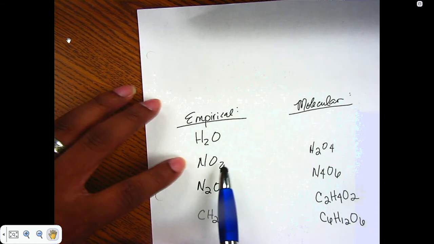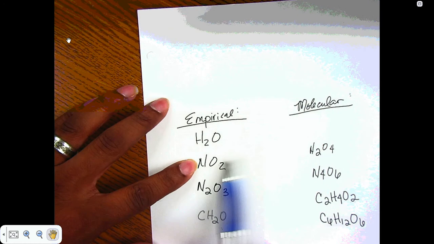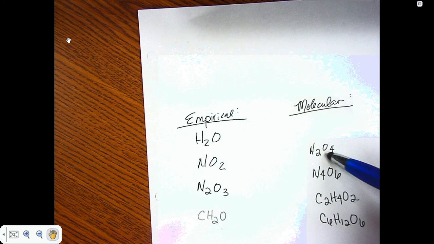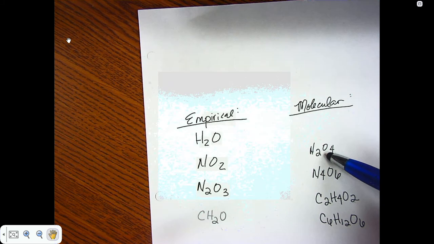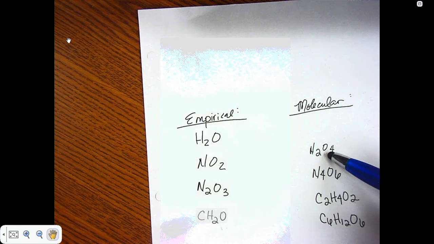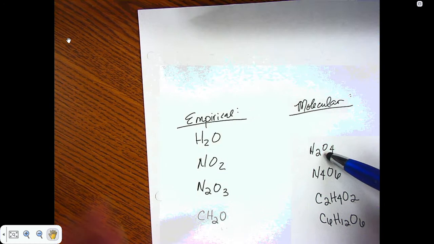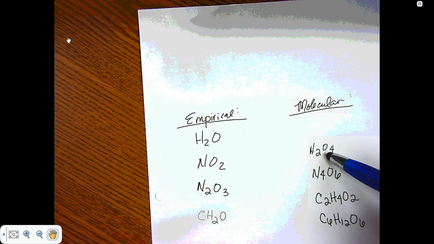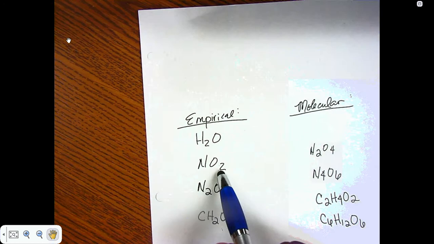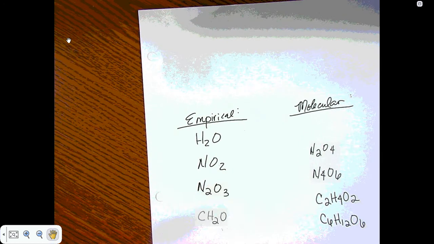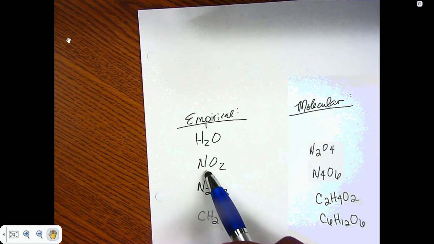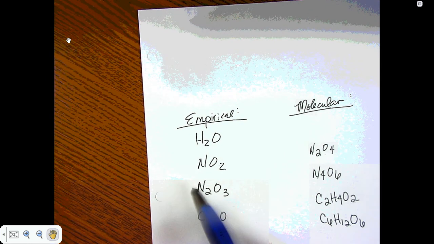Now, if you look at the comparison between this compound and this compound, the molecular formula of N2O4 is represented here to the right. This is not the simplest whole number distribution of those atoms. And so if you were looking for the empirical formula of that compound, it would be NO2, where instead of having two nitrogens, you now have one, and instead of having four oxygens, you now have two.